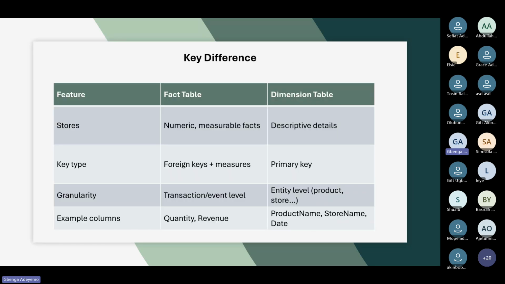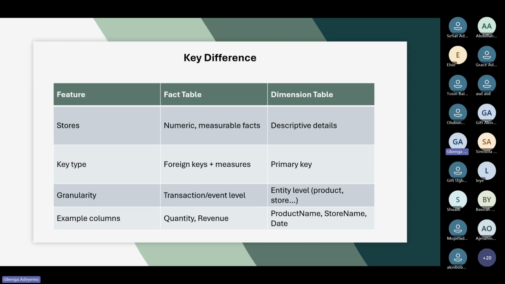Okay, let's go ahead. Now, what's the key difference between a fact and a dimension, right? So, in terms of storage, a fact table stores numeric, measurable, quantifiable facts, right? A dimension stores descriptive details, right?